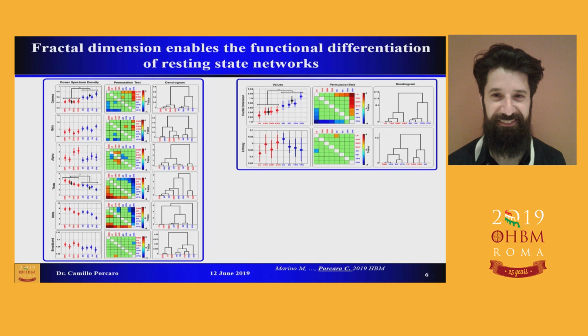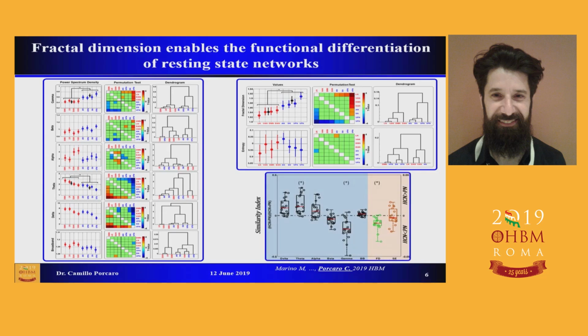As you can see on the dendrogram, we have the high cognitive functions as one cluster and the perceptual networks as another cluster. Just to be sure, we applied one other complexity index, the entropy, but the entropy alone is not able to differentiate between these 2 subgroups. At the level of the single subject, we performed this similarity index.